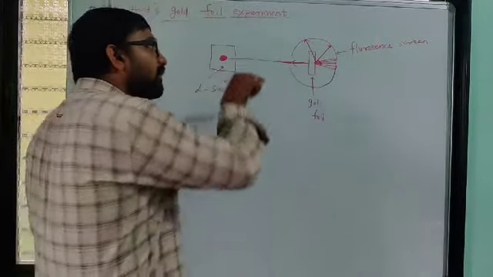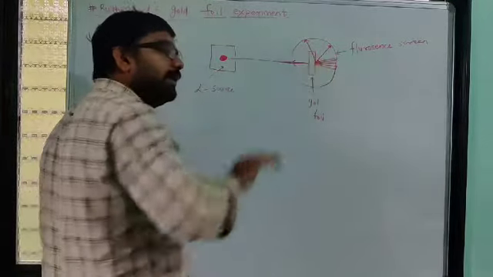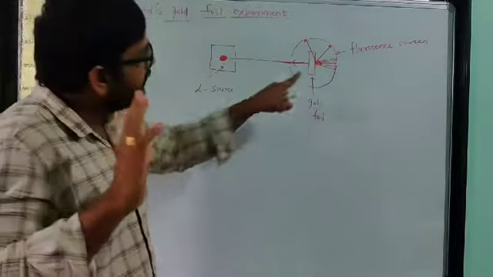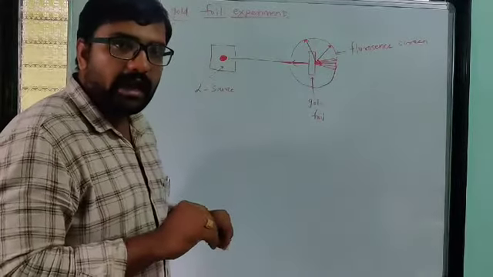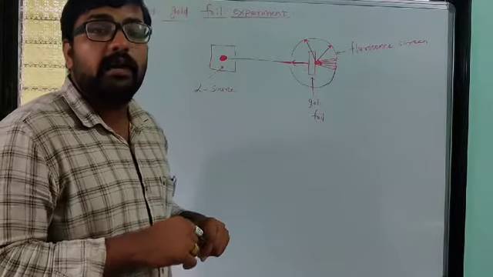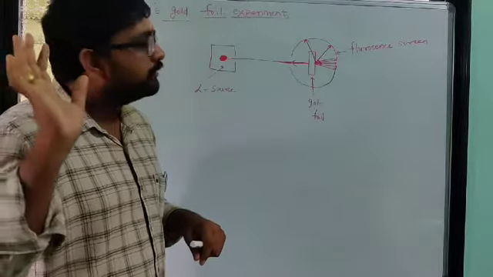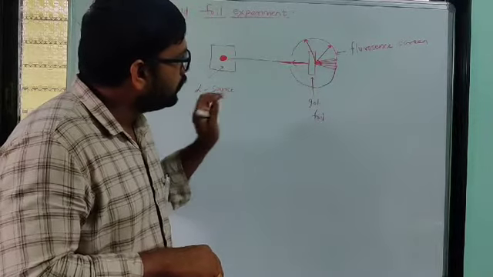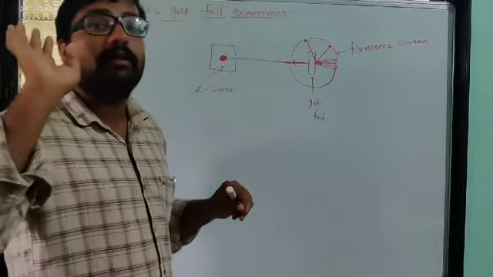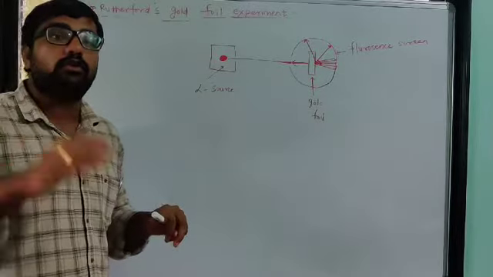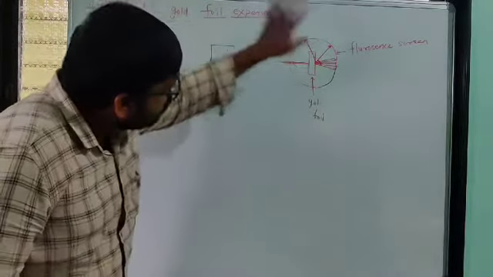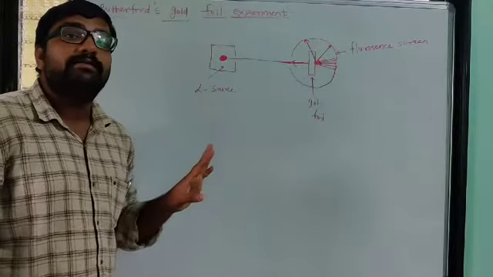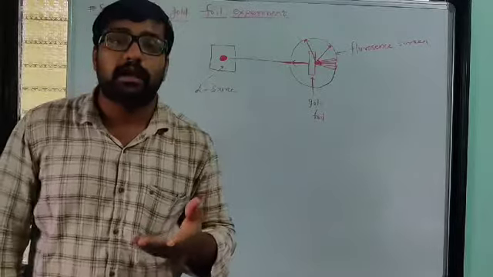Actually, all the alpha particles should go straight, but due to some problem in their path, they deviate from their path, and not all the alpha particles follow the same path. So this change in position or change in track is possible because some obstacle is there. By just observing this scenario, Rutherford made his predictions about the atom.